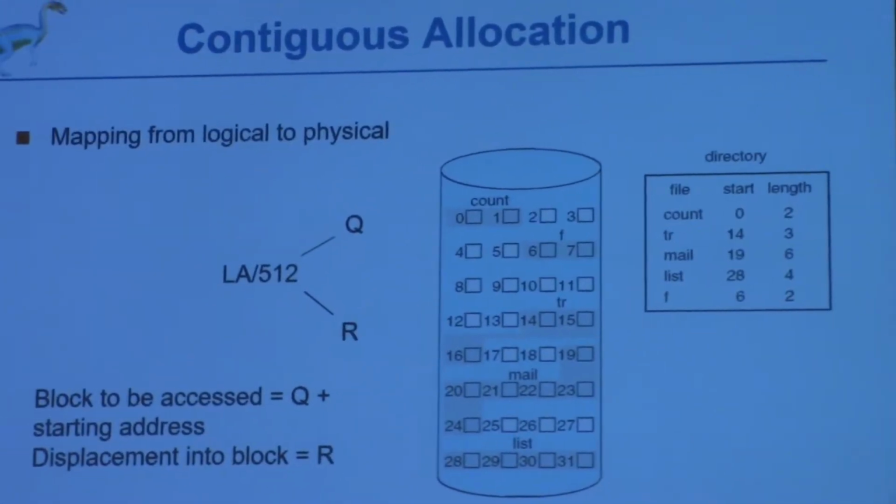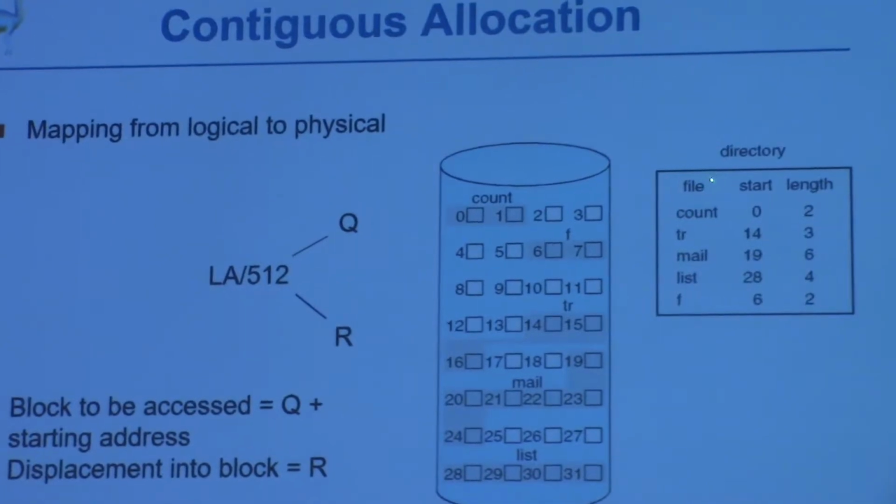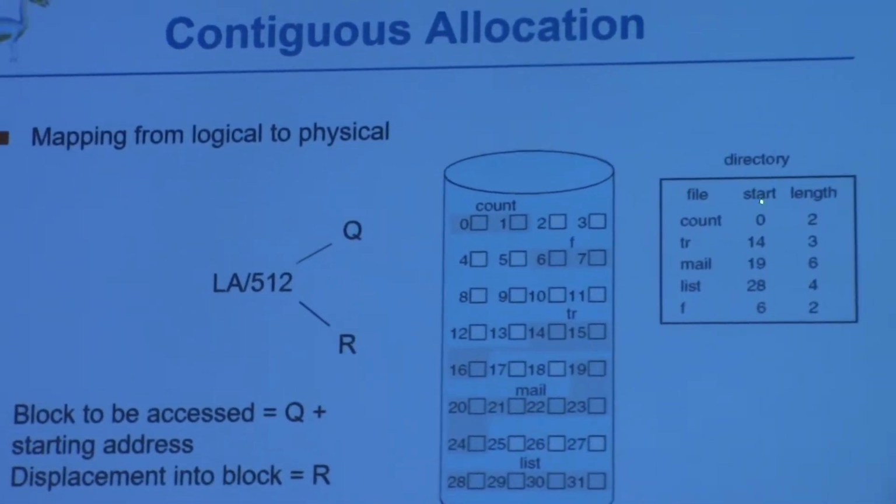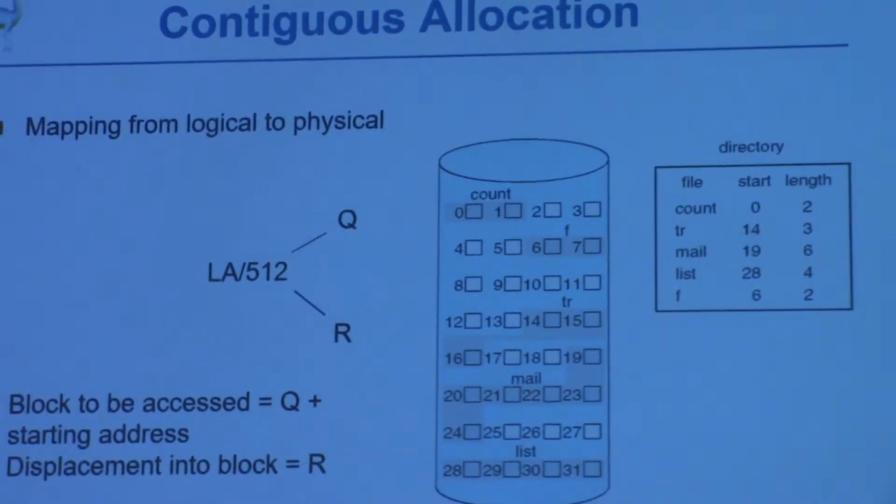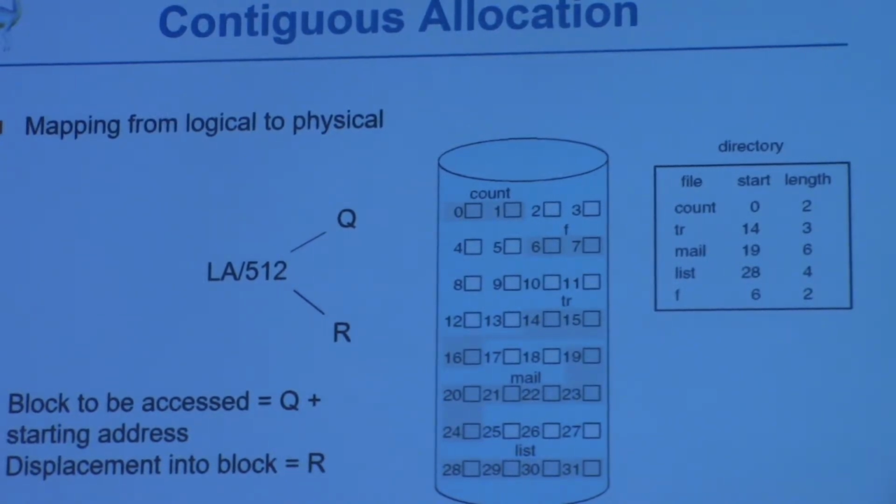Directory is an FCB for each file, but it has only the information about the file, start block number, and length. We don't need each block's information because they are next to each other, continuous. For example, the one.txt file needs 3 blocks, like this is the 1,000 file.